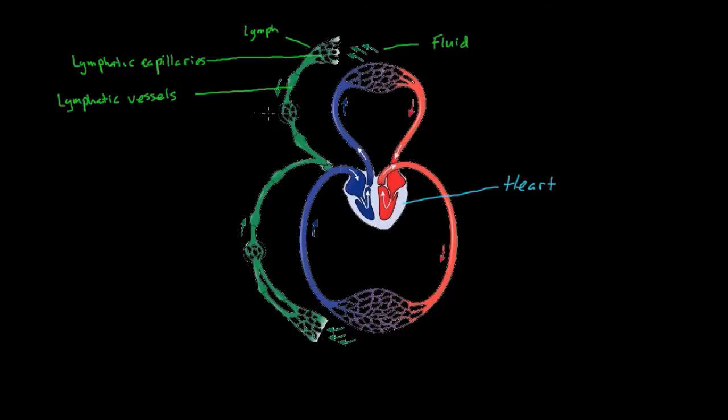Along the pathway of lymphatic vessels, you have structures that clean the lymph called lymph nodes. And merging lymphatic vessels form larger vessels called lymphatic ducts. Lymphatic ducts return, or recycle, lymph back to the cardiovascular system through veins.